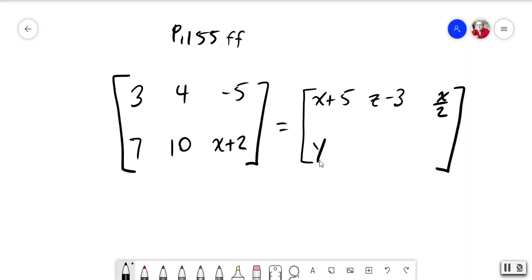Let's see. I'm following, let me see, I believe the format they are using here. Okay, I'm departing from what the book is doing.